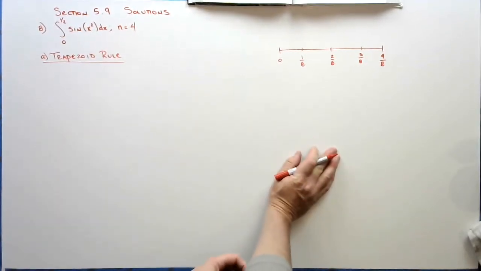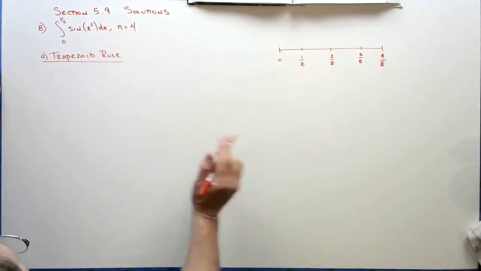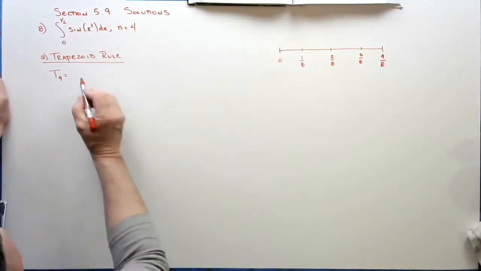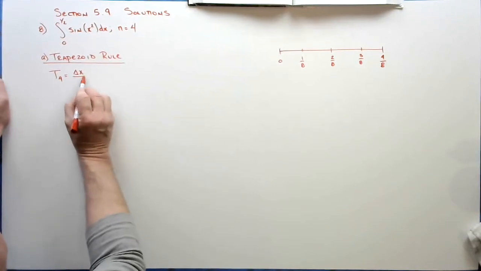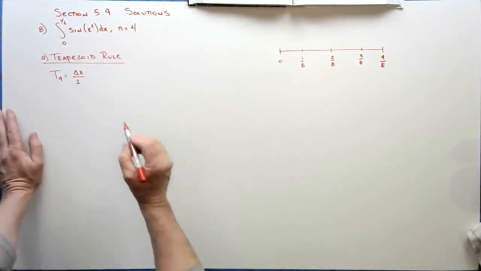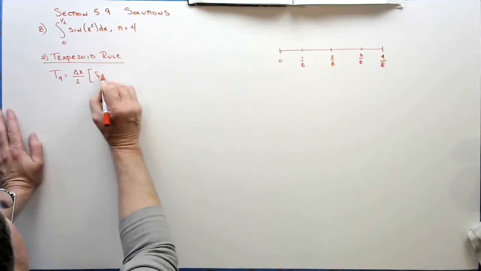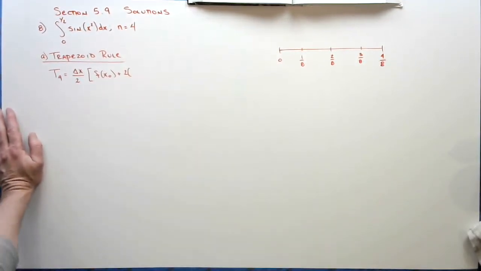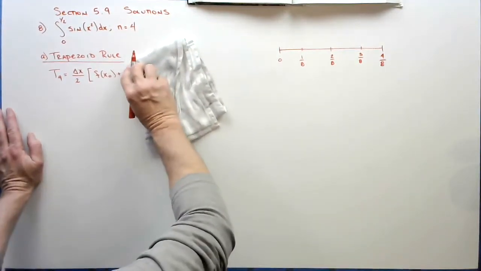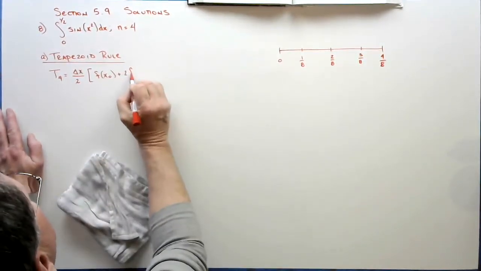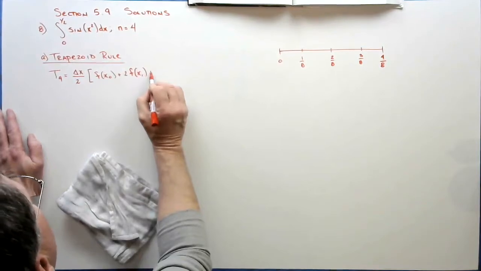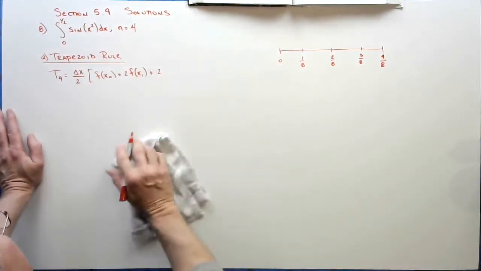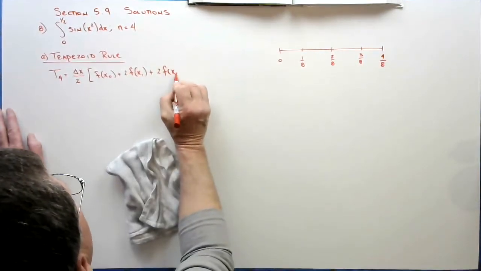And our trapezoid rule, remember, says we're going to be finding T sub 4 here. T sub 4 is delta x divided by 2 times f of x sub 0, plus 2 times f of x sub 1, plus 2 times f of x sub 2.